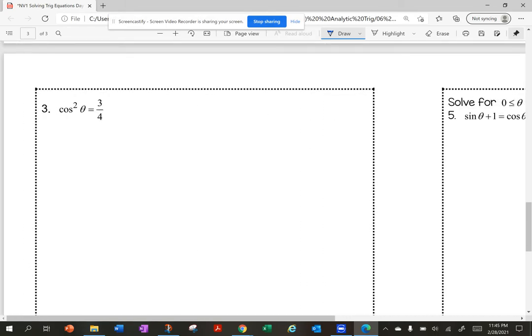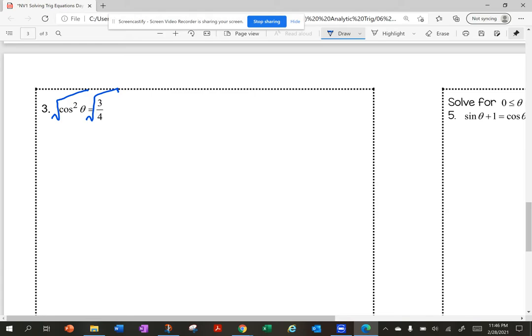All right, so number 3. Cosine squared of theta equals 3 divided by 4. So to get to the variable of the angle, I need to take the square root of the left side. Whatever I do to one side, I have to do to the other side to keep it equal.